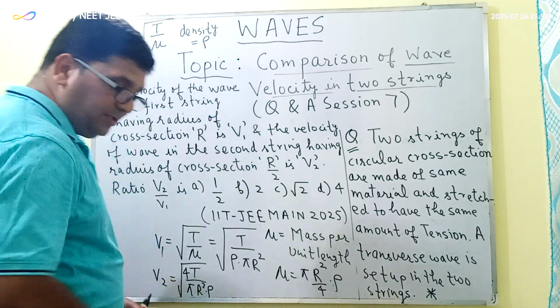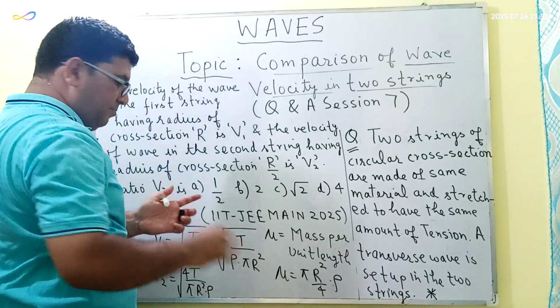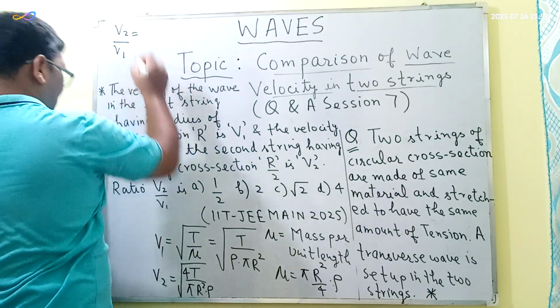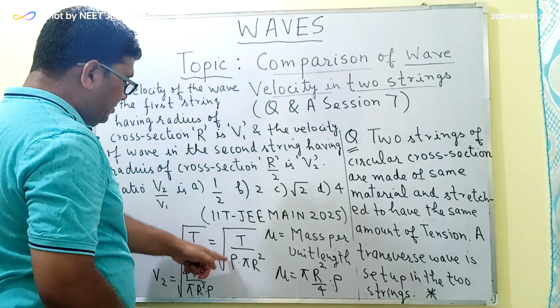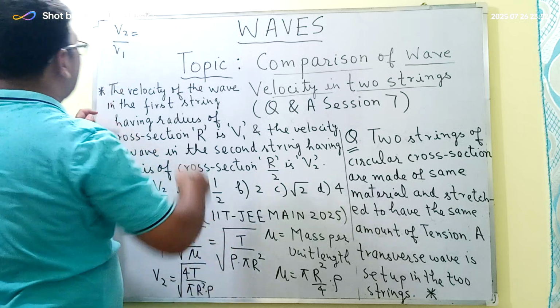So v2 upon v1. Sorry, v2 will be equal to under root of 4T upon pi r square rho. So this will be equal to 4T into, now v1 is equal to under root of T divided by rho pi r square.